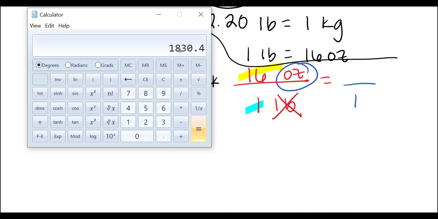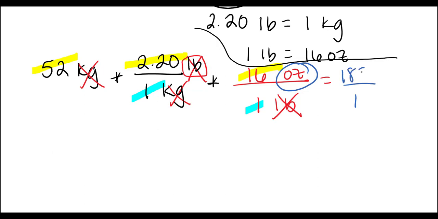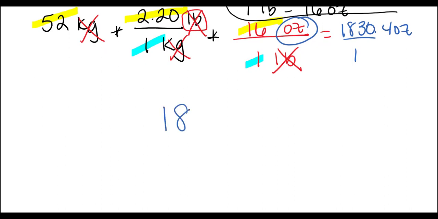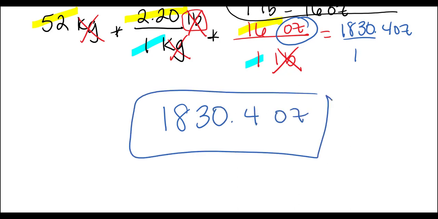And what are we left with? We're left with 1,830.4 ounces. When we rewrite this, we can just write it like this, and that would be our solution.